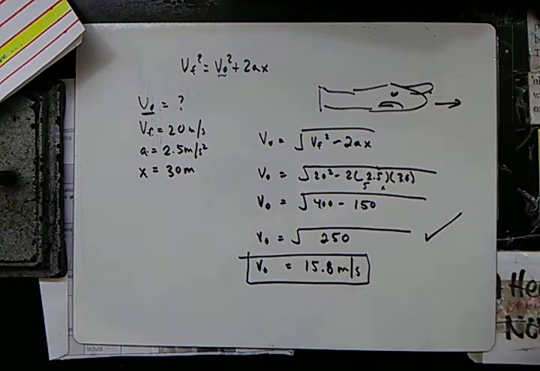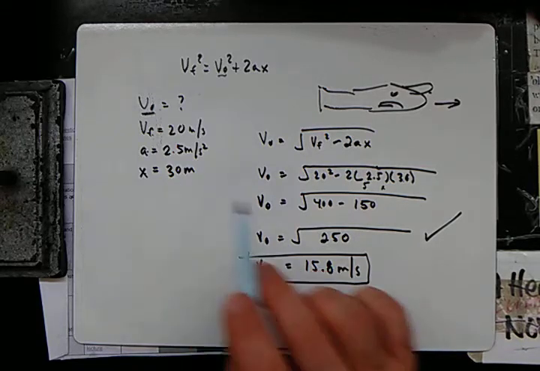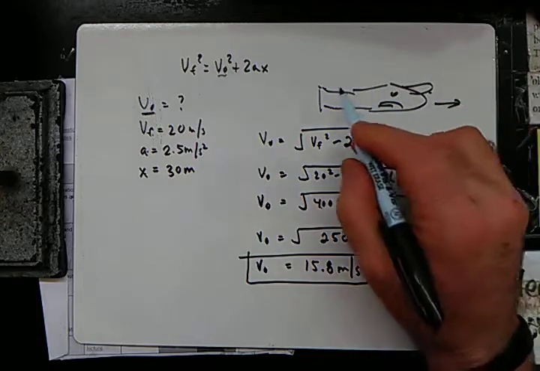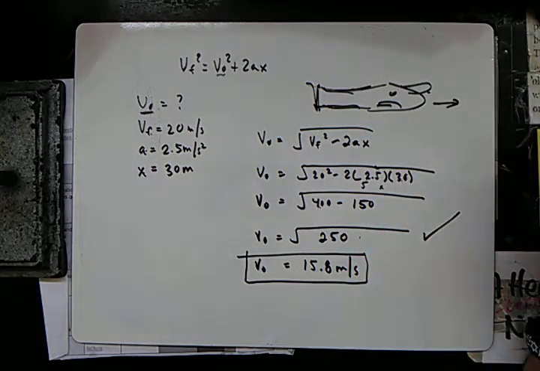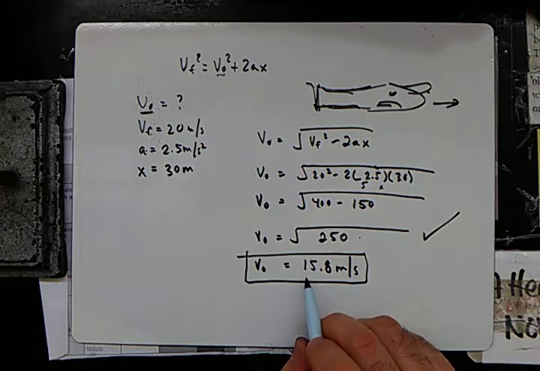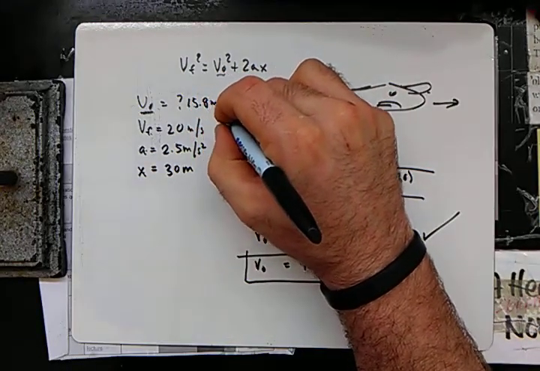This works; it gives us a good check mark. Our 300 number originally didn't work because we had a negative under the radical. That was a good example of something where it gives you some numbers and one of the answers is 'cannot be solved.' In this case, the initial velocity was 15.8 meters per second.